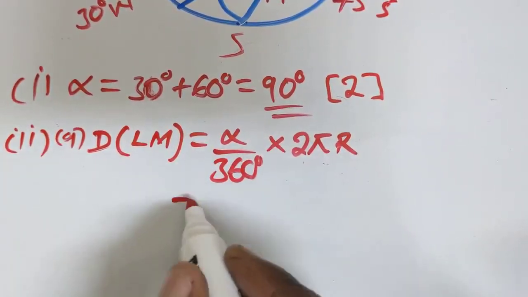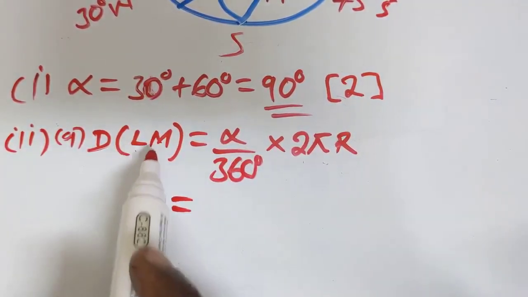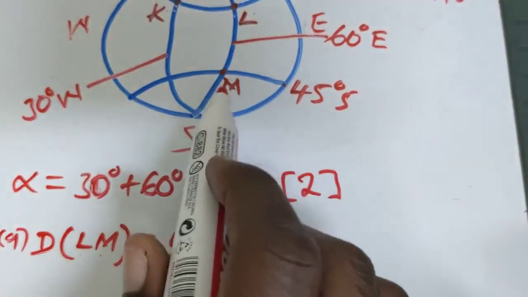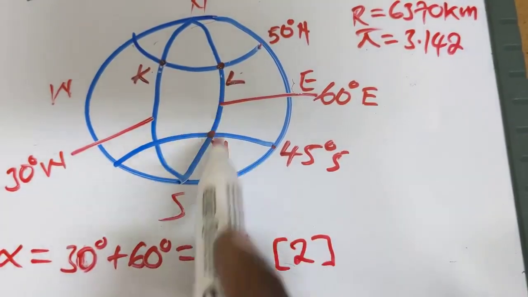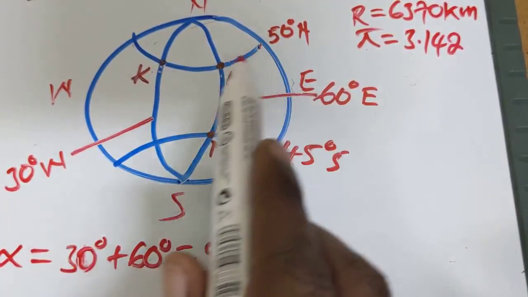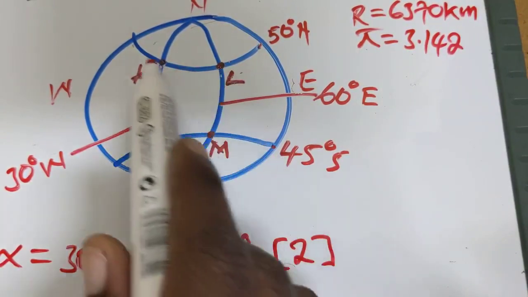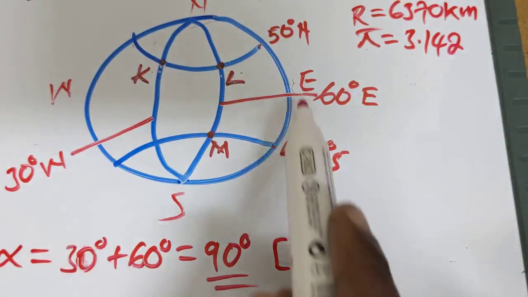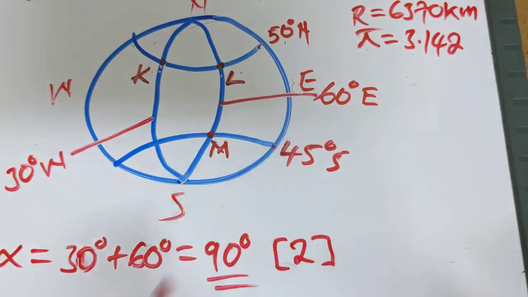Now what is the difference between L and M? This is in longitudes. When you are finding the difference, you use the latitudes in which those points are. This one is in that point, then M is in that point, so they are on different sides. So we add: 45 plus 50.